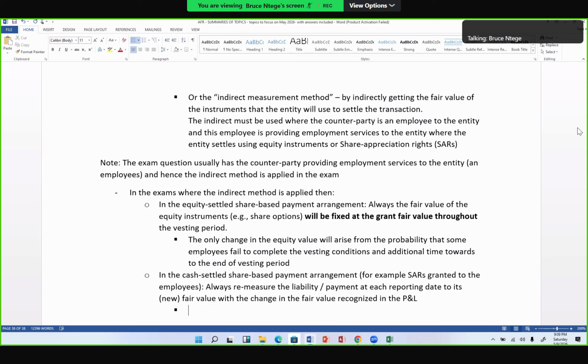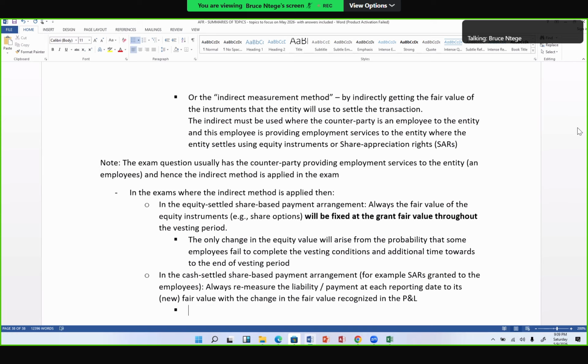We shall say that on the settlement date, an additional expense will usually arise, to be recognized in the profit or loss account, and this will be based on the intrinsic value.